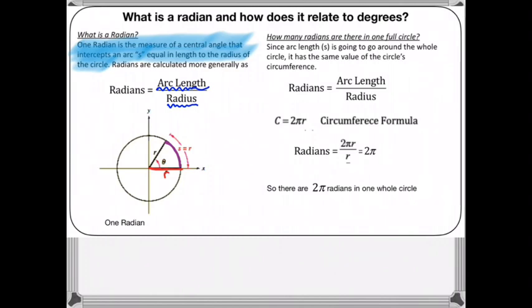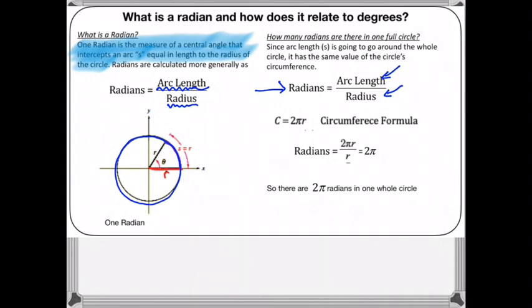We take the definition of a radian, which is, again, the length of the arc, the crust, divided by the radius. In an entire circle, just like a pizza, the arc is the circumference. If you took the crust of your pizza off, that circumference would be, as we learned from other classes, 2 pi r. That'd be the length of that.